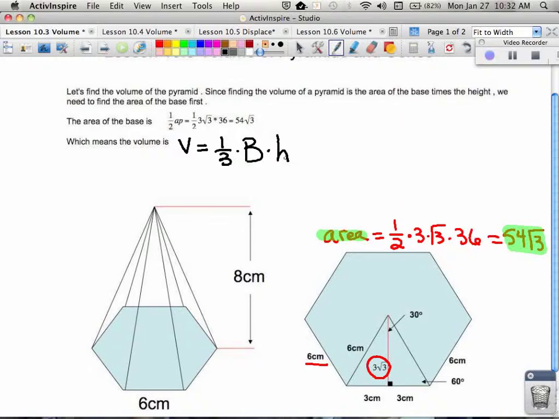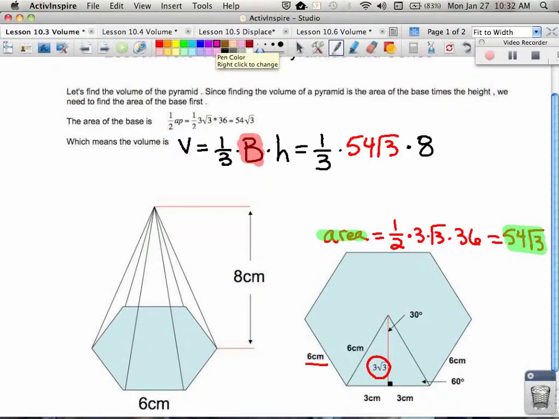So I have 1/3 times the area of my base, which we just found was 54 times the square root of 3, and then multiply that by the height of my pyramid, which in this case is 8.